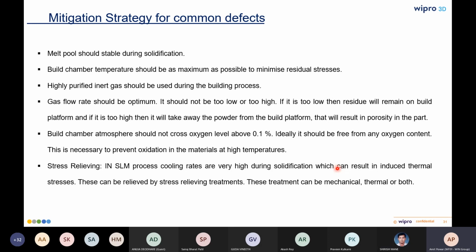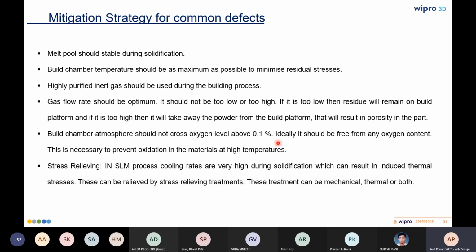Yes, sir. Basically, build chamber temperature should be as high as possible. As I mentioned, it will help reduce the residual stresses. A highly purified inert gas should be used, and this has been taken care of in advanced systems. When the oxygen level in the build chamber is above 0.1%, you are not able to start the build.